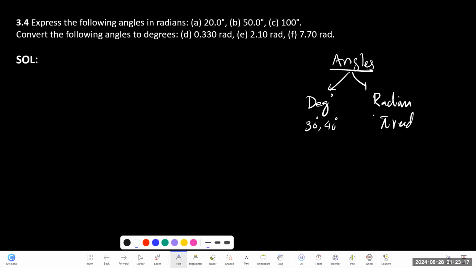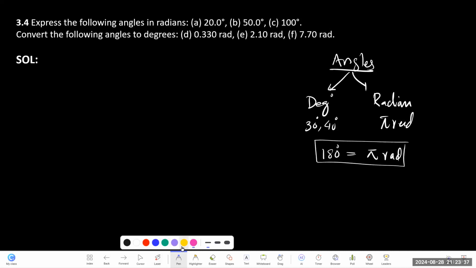Just like length can be measured in millimeters and kilometers, we can convert them. The conversion between the two is 180 degrees equals pi. That is it.